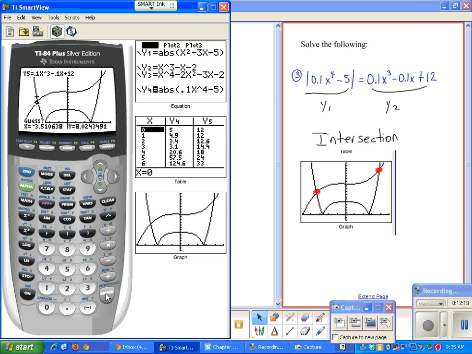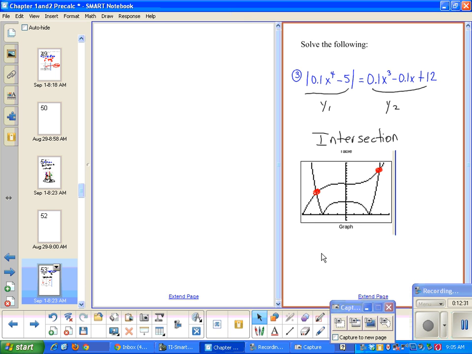I'll press enter. And yes, I want it to guess, so I press enter again. And it tells me that that intersection is going to take place at approximately -3.4. So, one solution is this one. X equals -3.4. This is approximately, actually. So X is approximately -3.4.